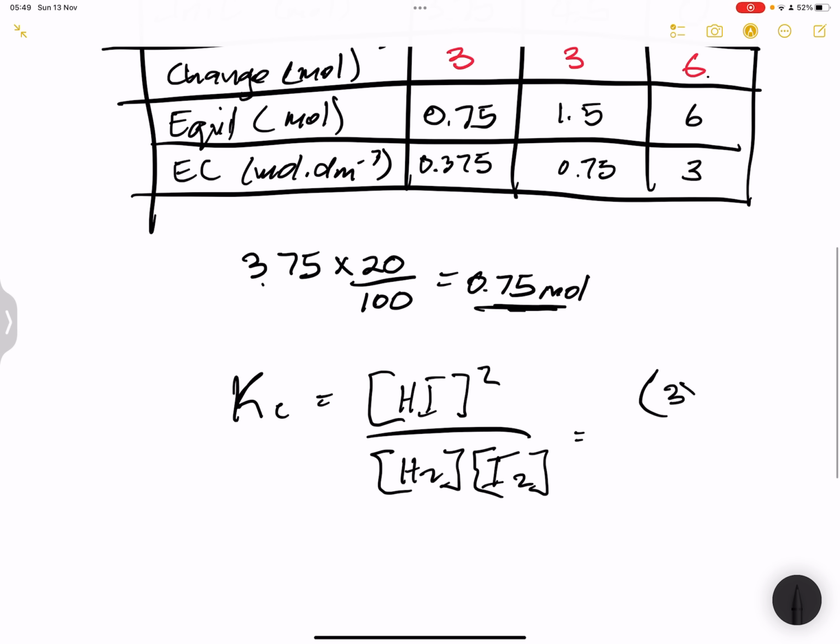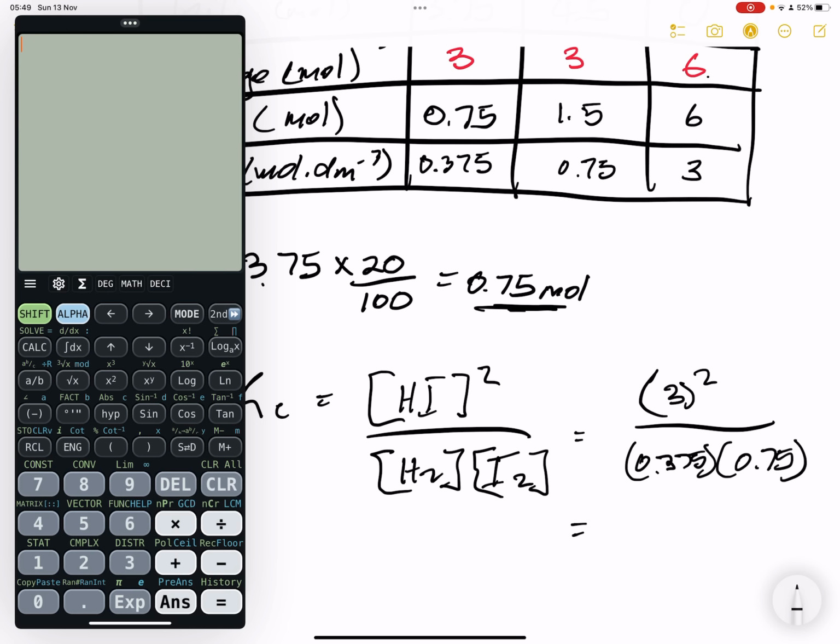So this is going to be 3 squared divided by 0.375 times 0.75. And I get my answer to be 32.